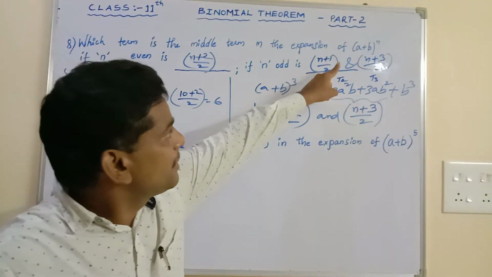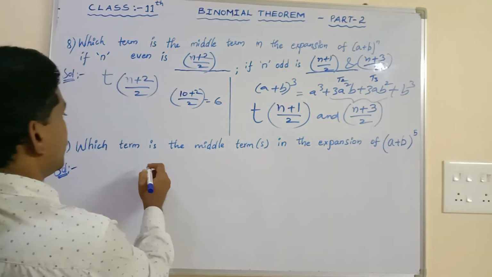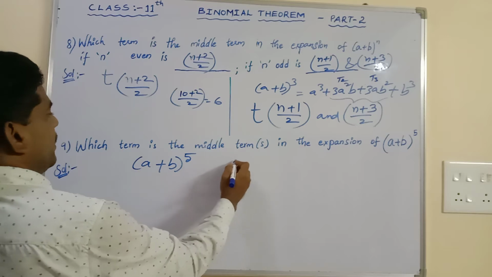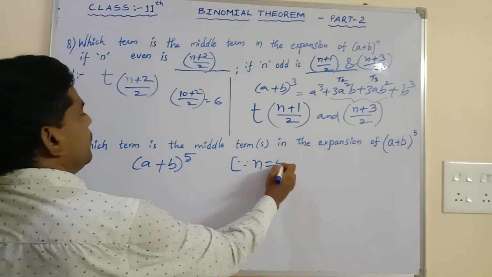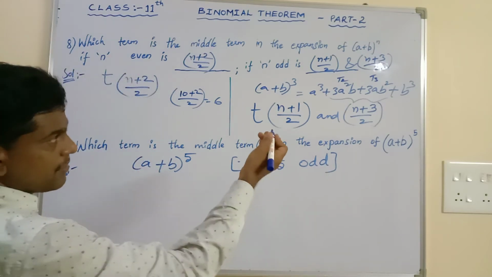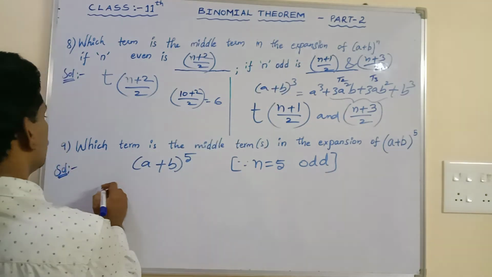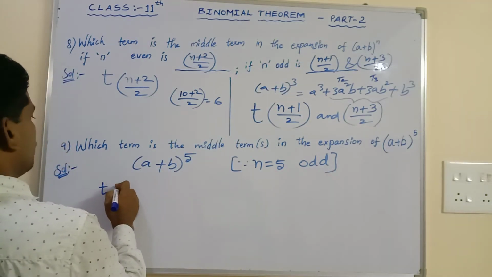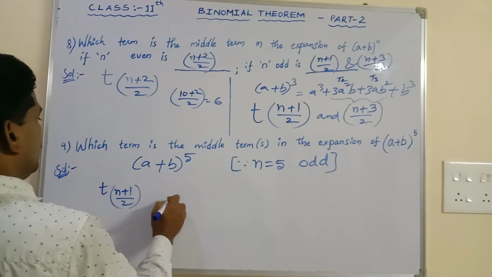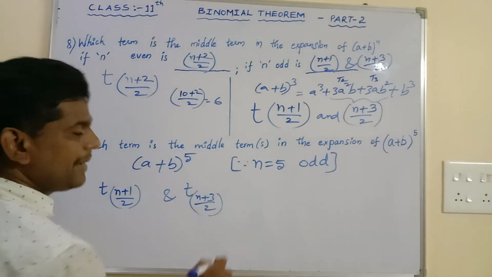By using this formula, because here the power is 5, it is an odd number. In the expansion of a plus b whole power 5, where n is equal to 5, this is odd. If n is odd, what is the formula? T of (n plus 1) by 2 and T of (n plus 3) by 2 terms are middle terms.